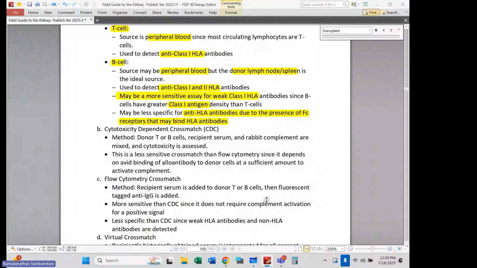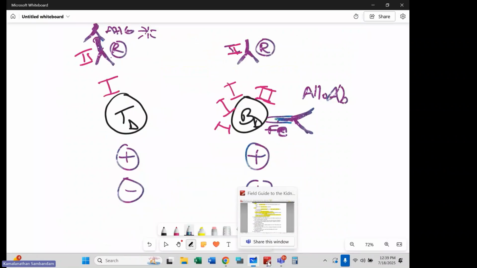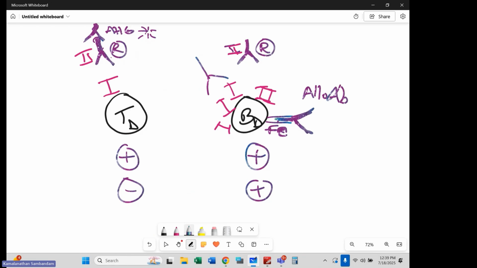Translating that to patient care, if I have a B cell crossmatch that is weakly positive, that is not an absolute contraindication to transplant. You may still say, okay, I think that this is a weak HLA class 1 antibody, and this is the best chance that this recipient is going to get.